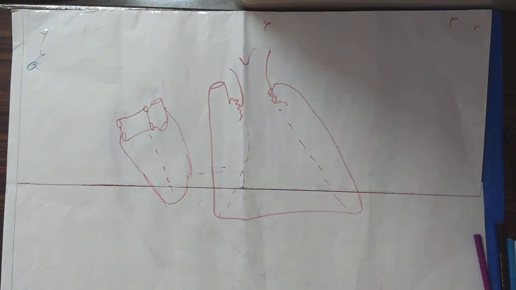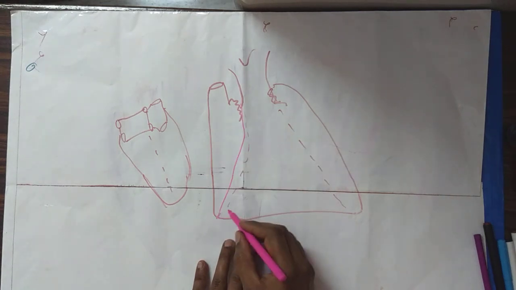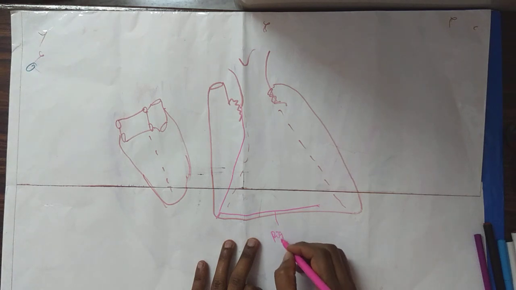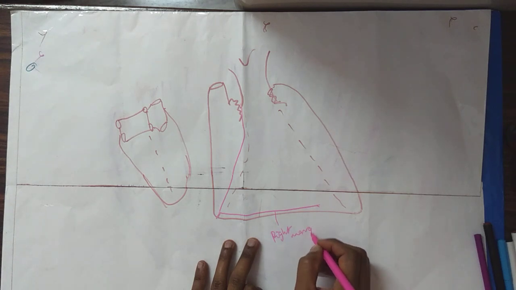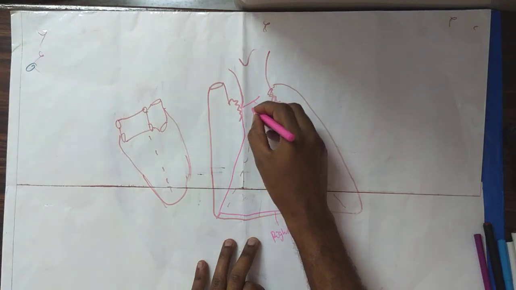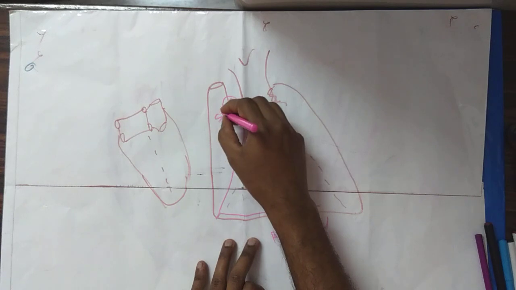Now coming back to the arteries. This is our right coronary artery going down. From its branches, one is your right marginal artery, then you have the right conus artery, then one artery going to the SA node.